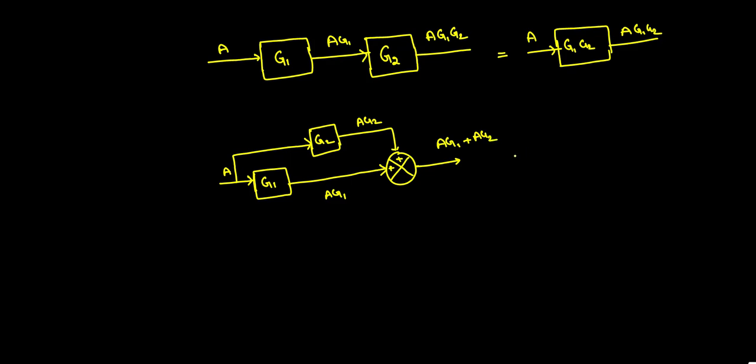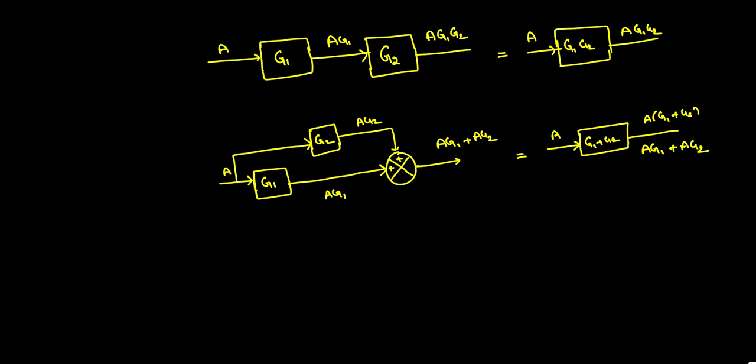So this also can be written simply as a block of G1 plus G2, and you give an input A. What is the output that you can get here? A into G1 plus G2. If you multiply and separate, A into G1 plus A into G2.